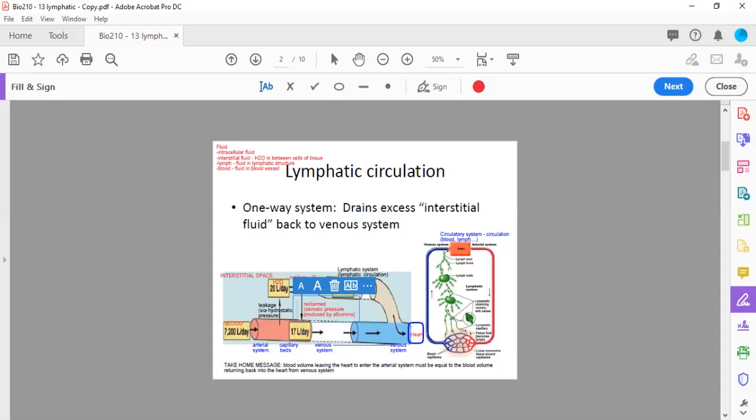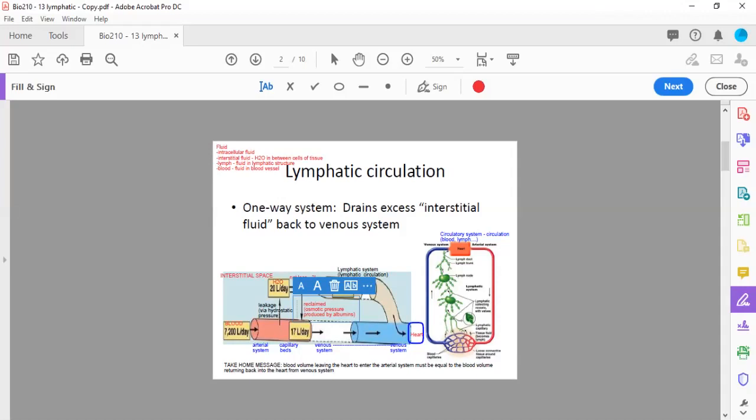Now that 3 liters of water contributes to the interstitial fluid. When you have excess collection of water, that will produce what's called edema.